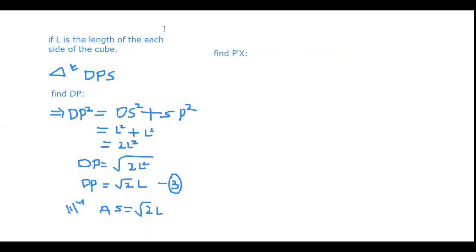To find P dash X, let us take the triangle P dash X. In this triangle, cos theta will be equal to adjacent by hypotenuse. So what is adjacent and the hypotenuse?